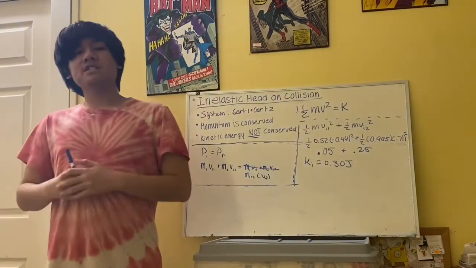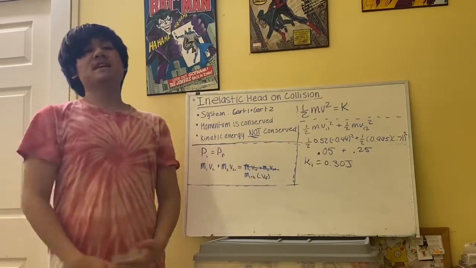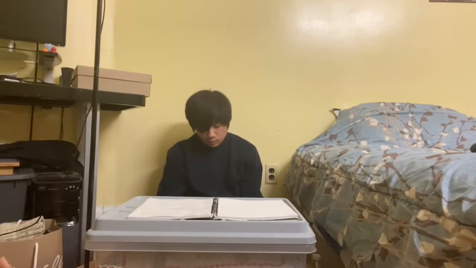Okay, so let's follow the second principle for our final kinetic energy. Stefan, take it away. For the numbers of our final kinetic energy, we can use the data table provided to us via our friends, and we know that the mass of object 1 is 0.52 kilograms, the mass of object 2 is 0.995 kilograms, and the velocity of both of the carts together is 0.23 meters per second.